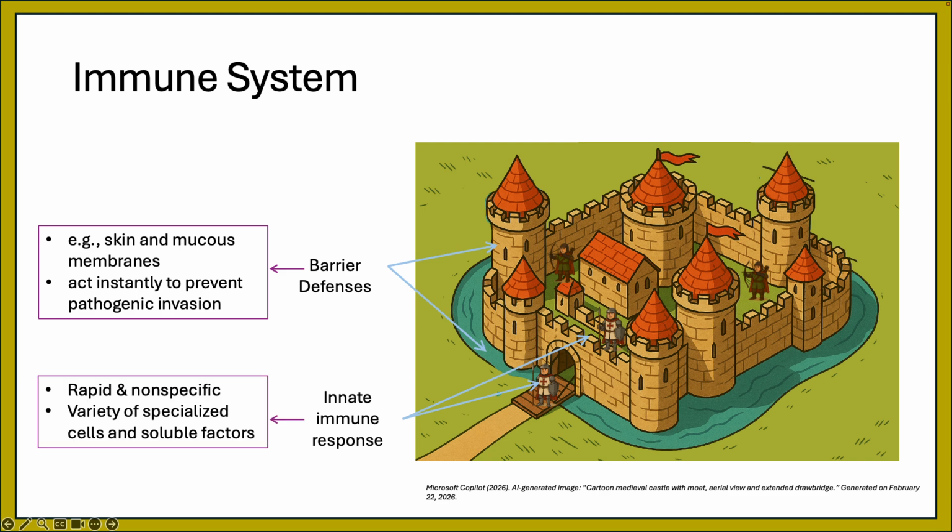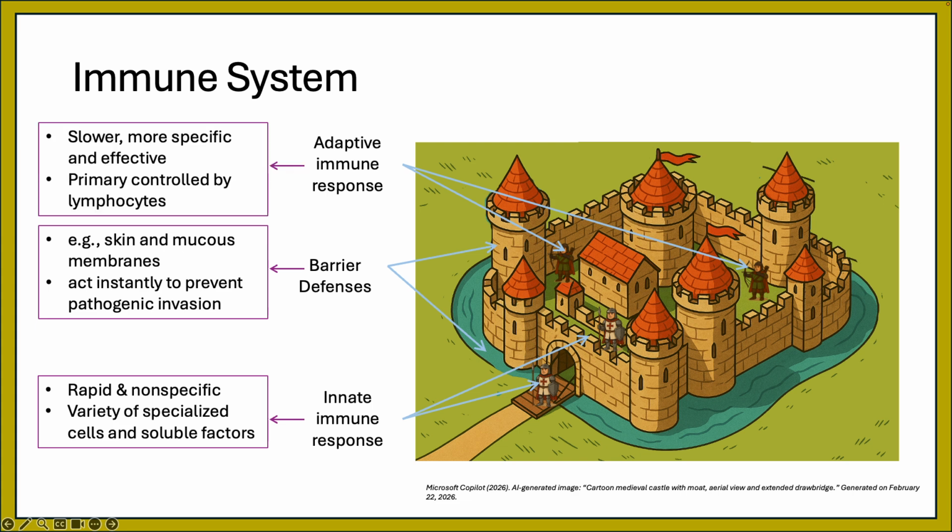This type of response tends to be very rapid but non-specific, and you're going to see a variety of specialized cells as well as some soluble factors involved. And then the adaptive immune response, these are like the special agents, or what I show here as archers. They are slower, but more specific.